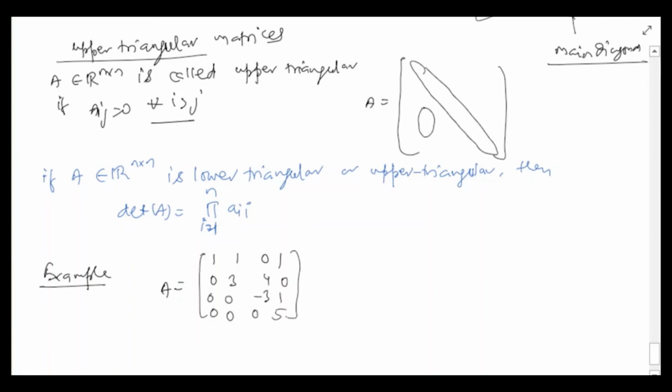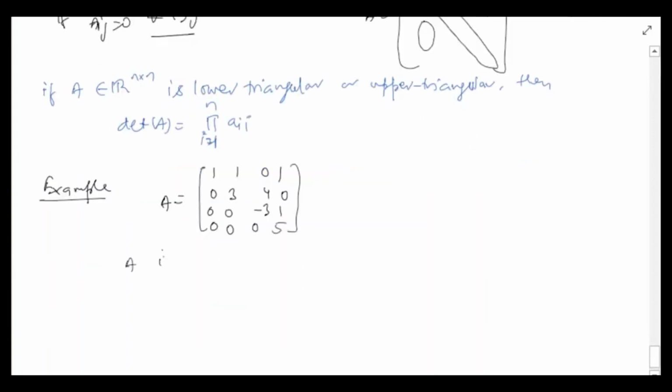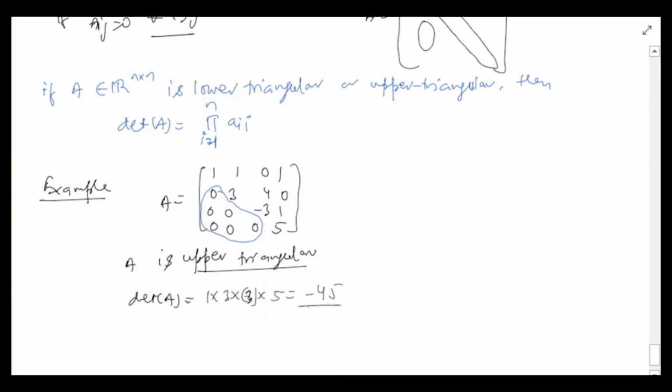Clearly this is an upper triangular matrix, right? All entries below the main diagonal are 0. So determinant of A is, in this case, the product of the diagonal entries, that is 1 into 3 into minus 3 into 5, which is minus 45.